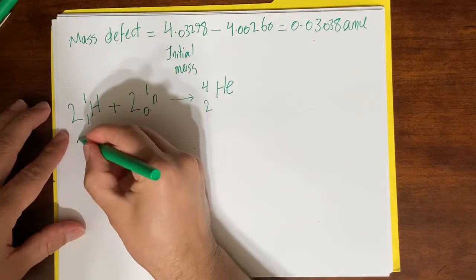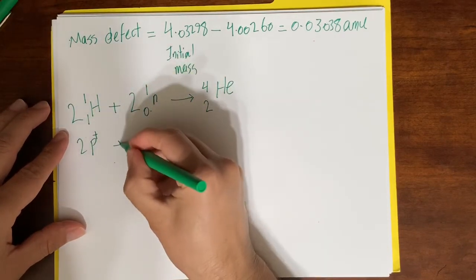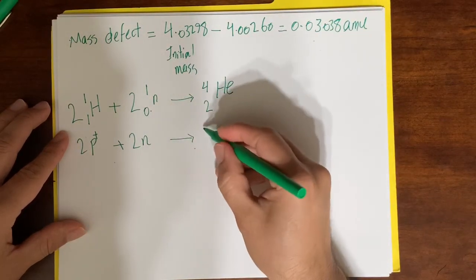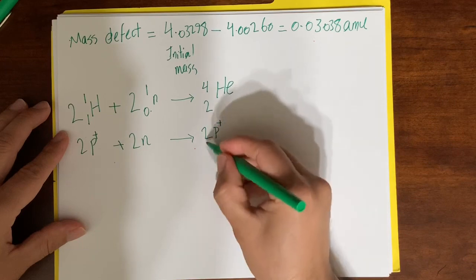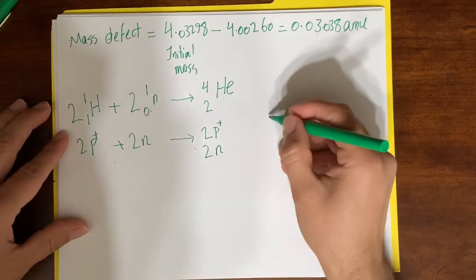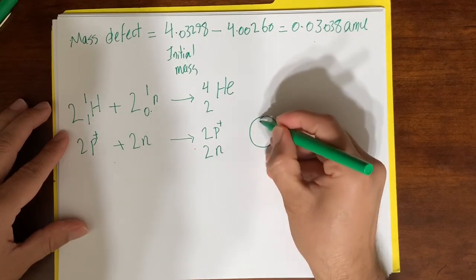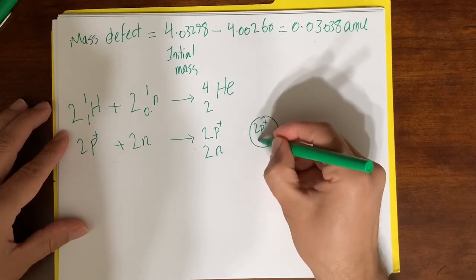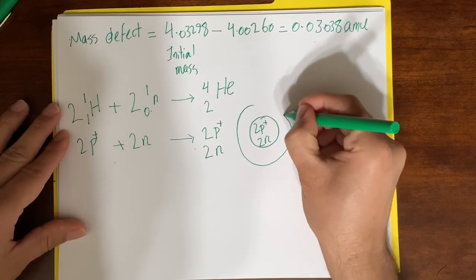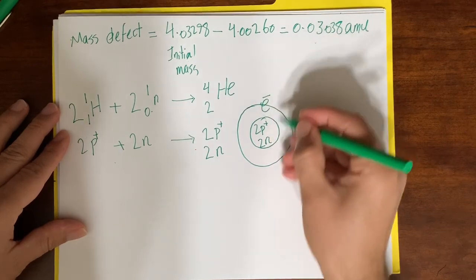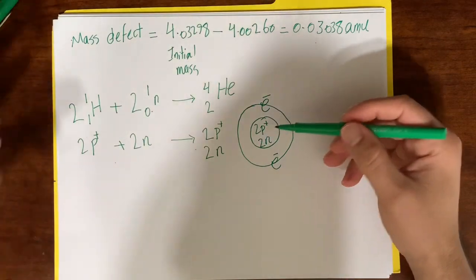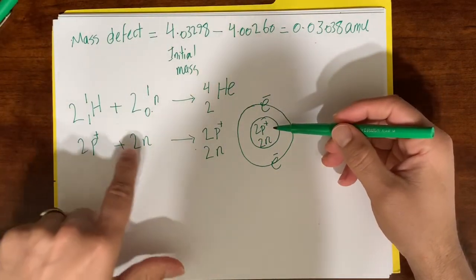So 2 protons plus 2 neutrons, and we want to put them inside the nucleus, with 2 electrons outside. I want to keep neutrons and protons inside the nucleus.